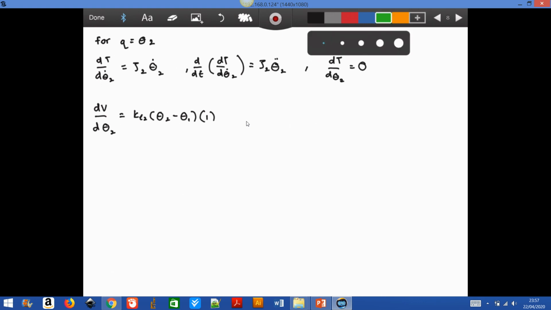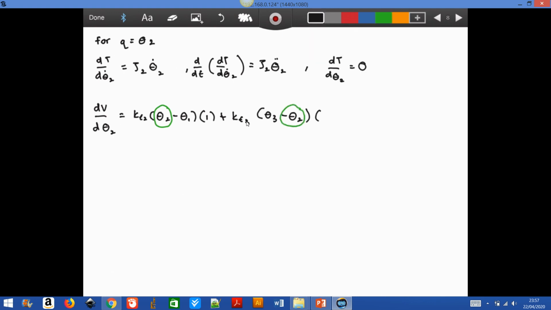Okay, multiply by 1, don't forget this one, plus kt3 (theta 3 minus theta 2). Okay, don't forget this one, multiply by minus 1.